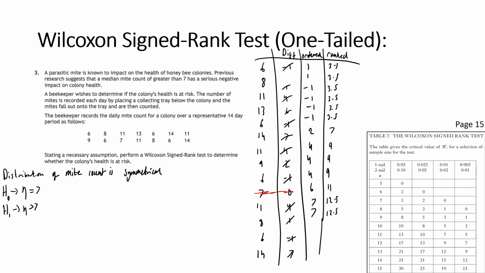So you take your original sample size and minus 1. Before it was 14, now it's 13. Then you use that to get the critical value. N is 13 now. We want this to be 5%. So the critical value is 21.